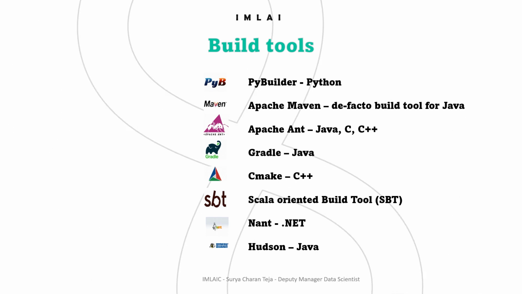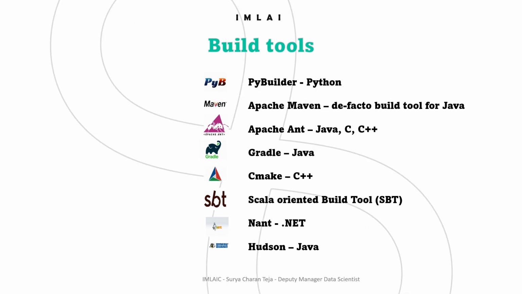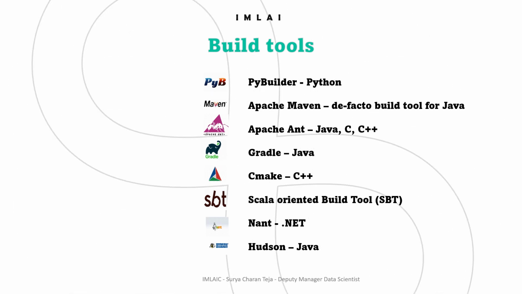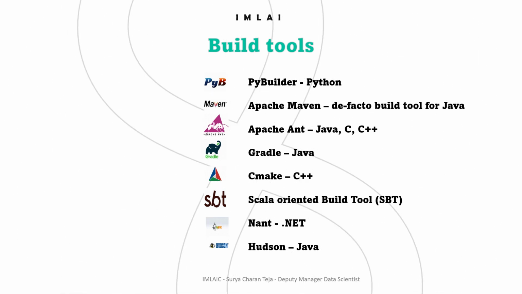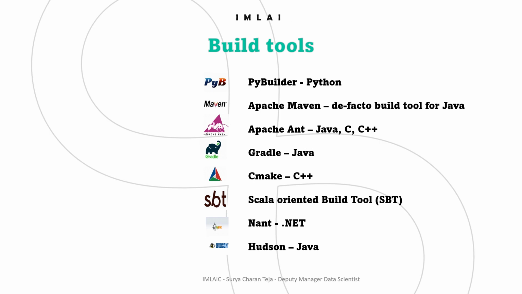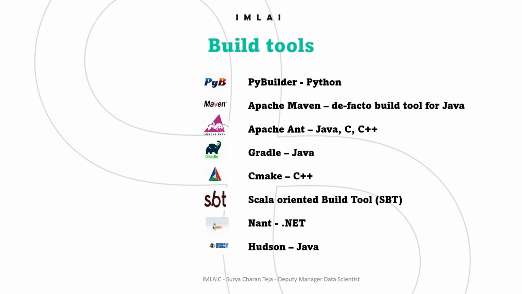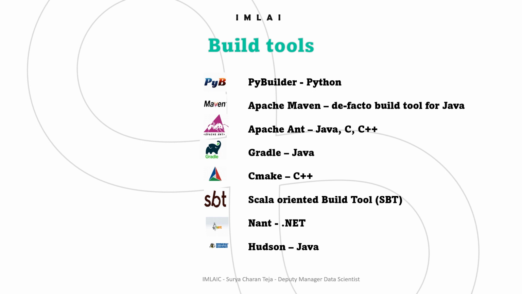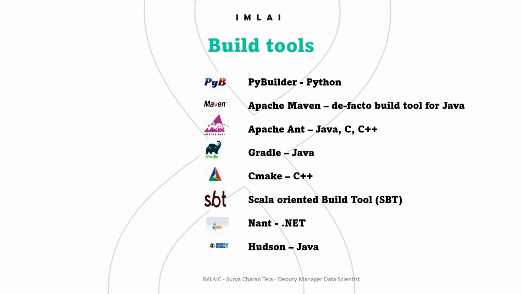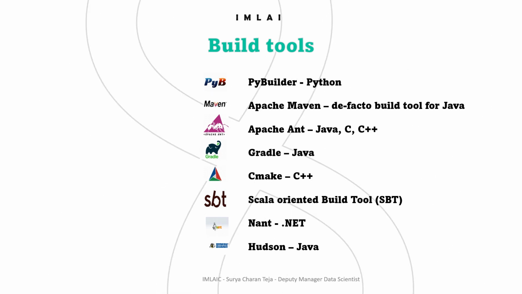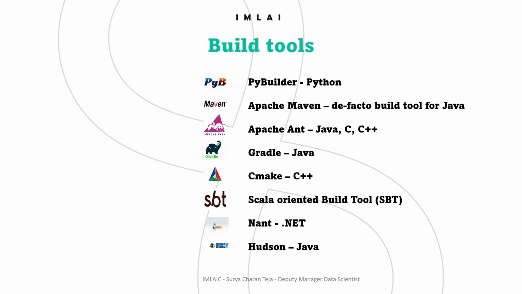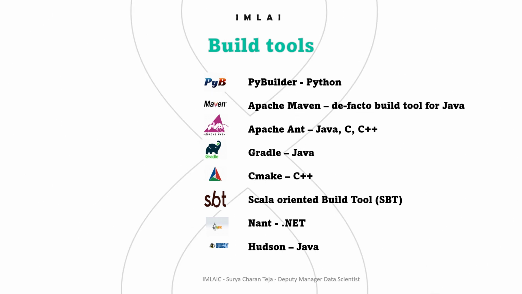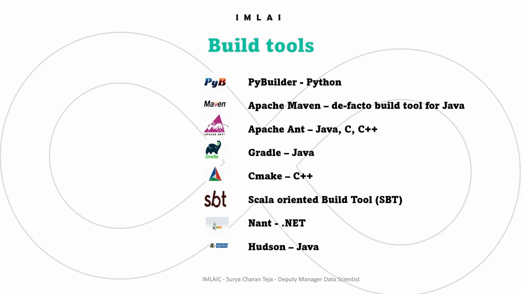Now we need some tools to build the artifact, to create an archive. The tool we widely use is Apache Maven for Java, and PyBuilder for Python. In addition to that, we have Gradle, Apache Ant. These are also very famous tools, and the Scala-oriented build tool SBT.